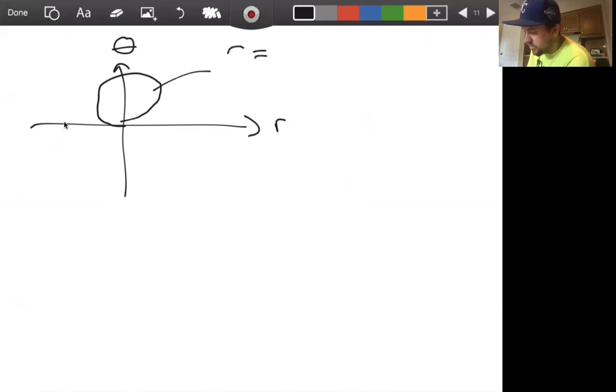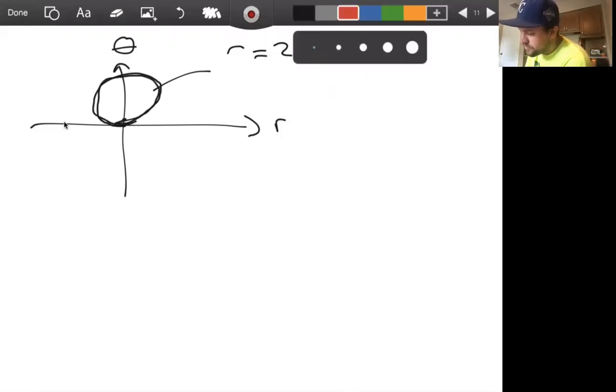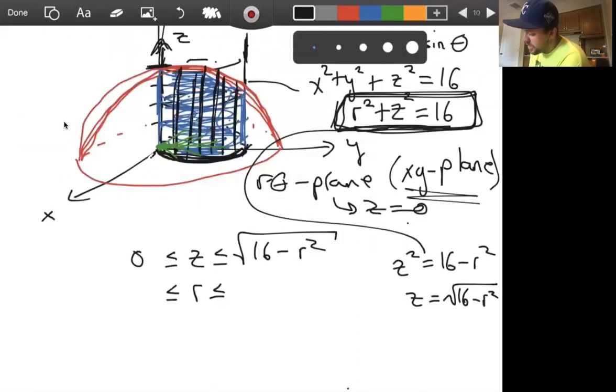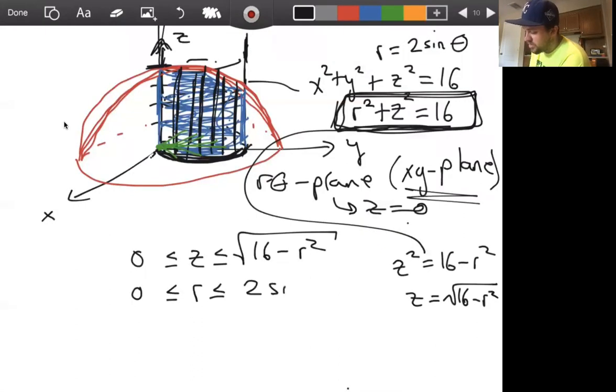This is r equals 2 sine theta, right? And so our radius depends on theta, right? However far out we can go from the origin depends on what angle we're taking this line in. And this function is given by r equals 2 sine theta. And so that means our lower bound is 0, which is the origin, and our upper bound is 2 sine theta.